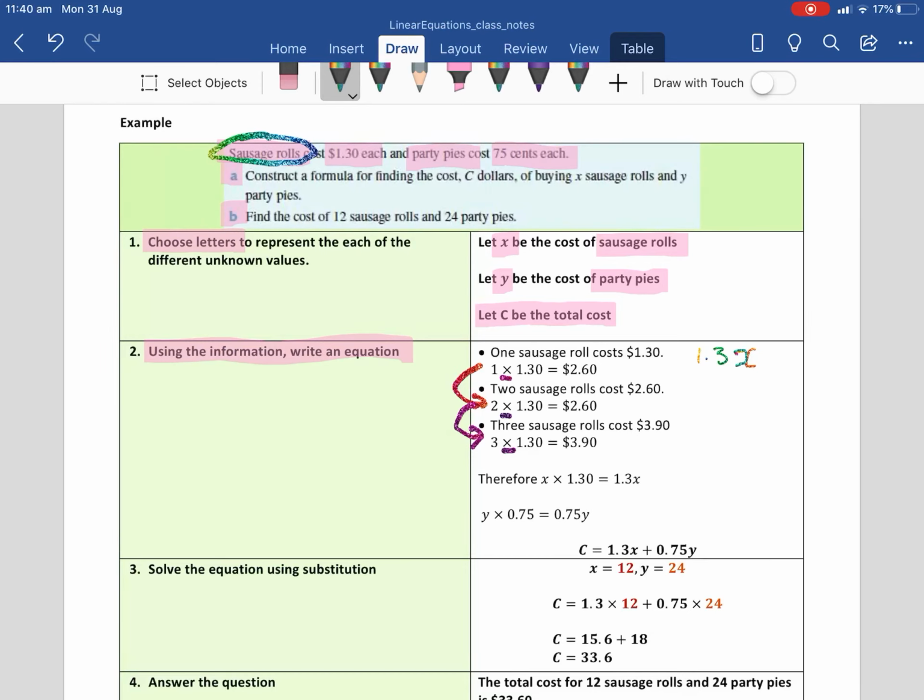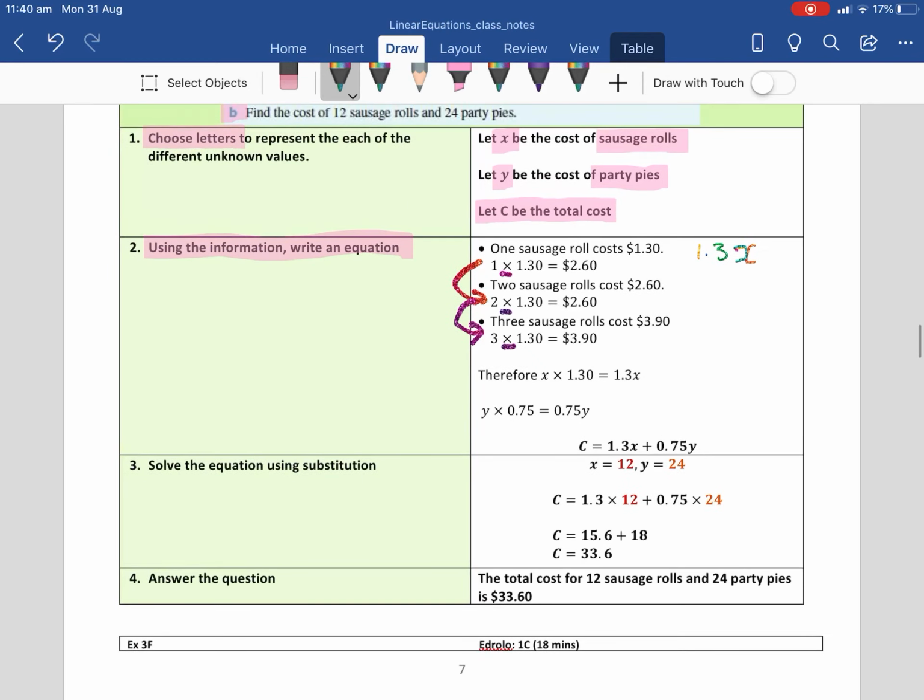So then we have Y. Party pies are 75 cents each. The reason we've written it as 0.75 is because this is written in dollars, and sausage rolls are $1.30. So you need to change them both. You can put them both into cents or both into dollars.